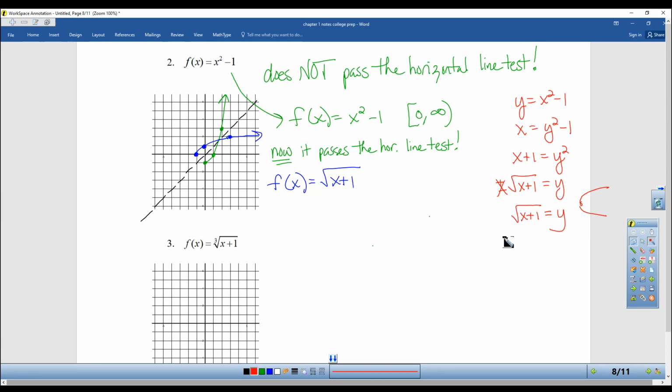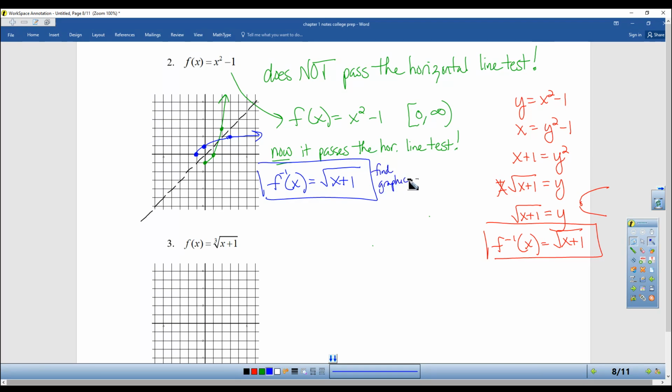So this would be the inverse function, which, like I said, you might have found graphically. So you can find it graphically, or you can find it algebraically, whatever works for you. I'm trying to give you choices and show you a lot of different things.